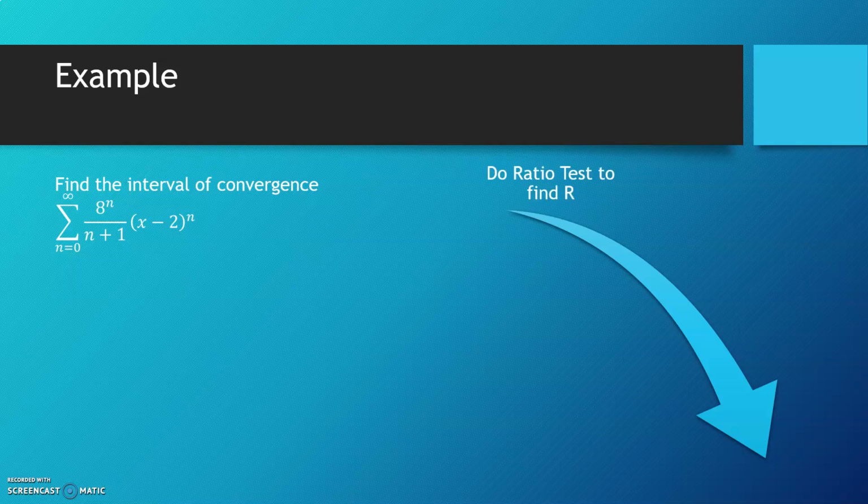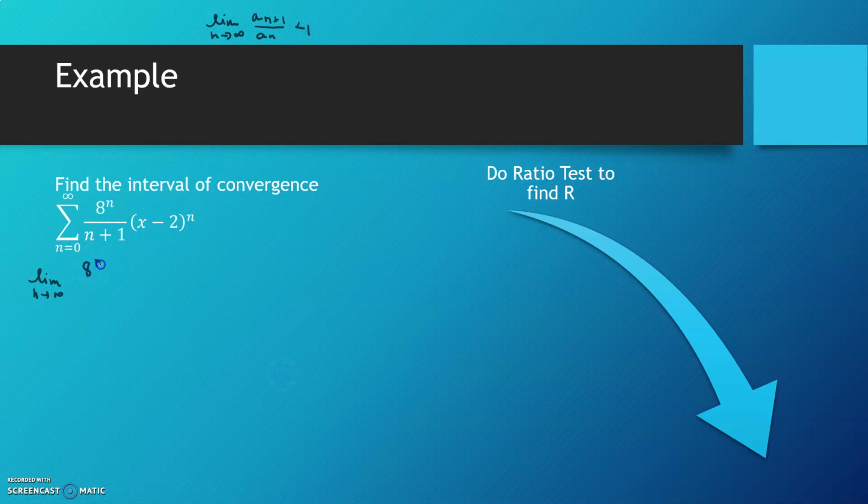The first step is do the ratio test. All right, so we're going to do that. Remember, the ratio test is the one that says we're going to do the limit of the n plus 1th term over the nth term, and we're going to find that has to be less than 1. So that's what our goal is as we do this.